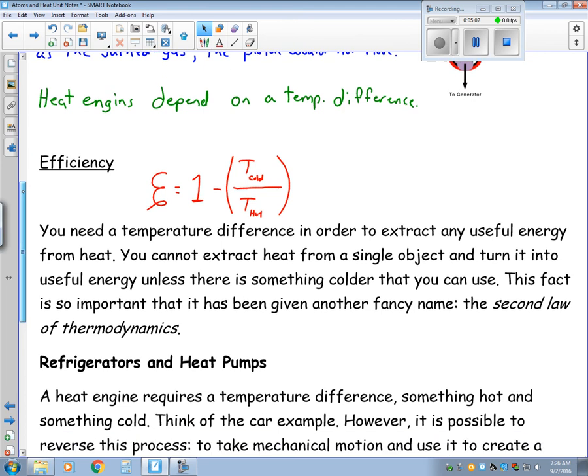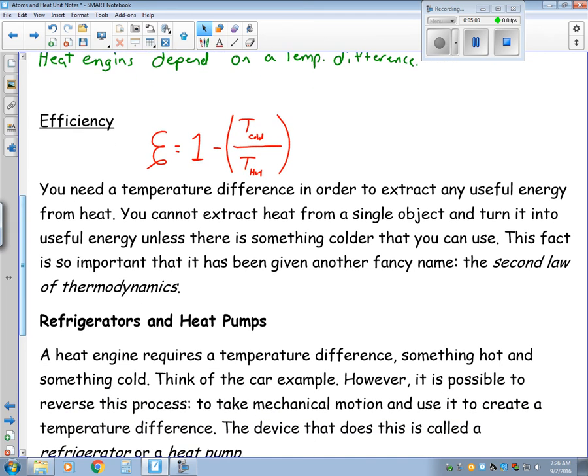So you need to have a temperature difference to extract useful energy from heat. You cannot extract heat from a single object just to turn it into useful energy unless there's something colder that you can use. And this is something so important that it's been given a name, the second law of thermodynamics.